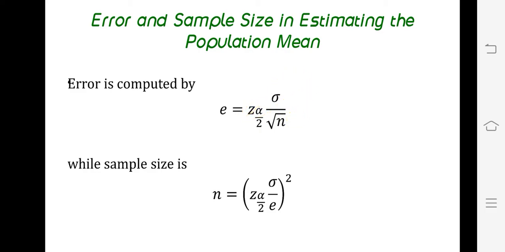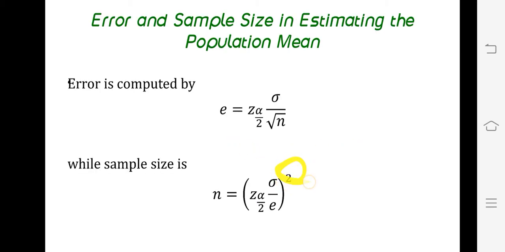Now, the formula for computing the sample size is n is equal to z sub alpha over 2, or the z value for a certain level of confidence, multiplied by the standard deviation divided by the error, or e. This whole thing will be multiplied by itself. That is what the exponent means.